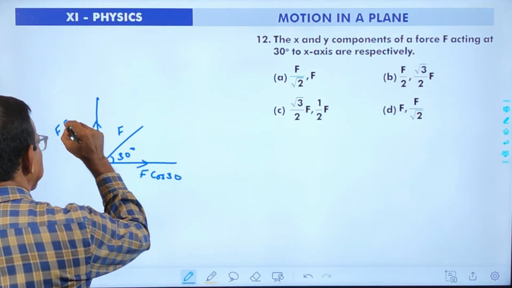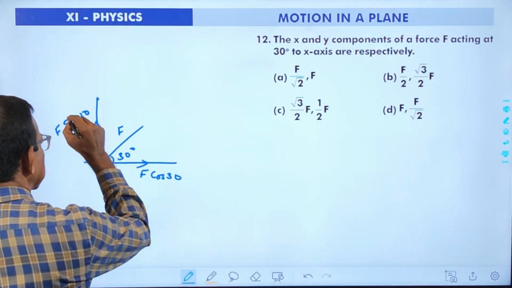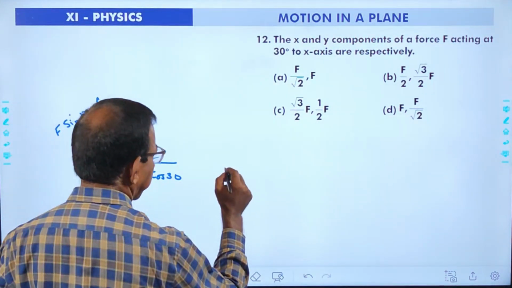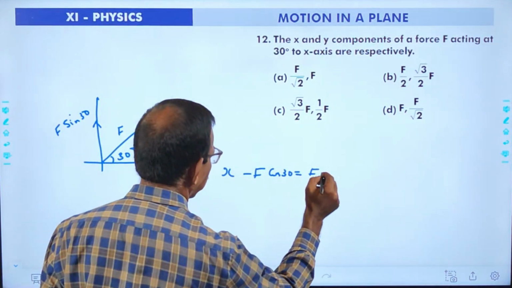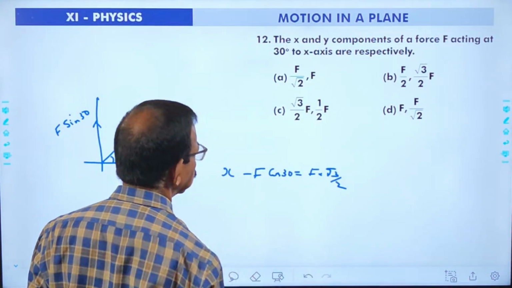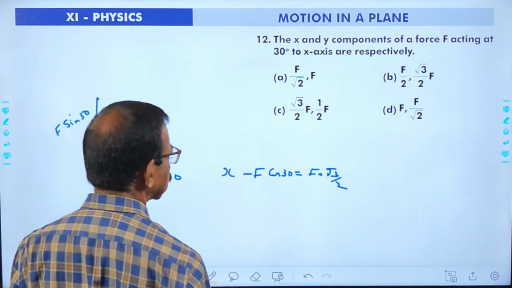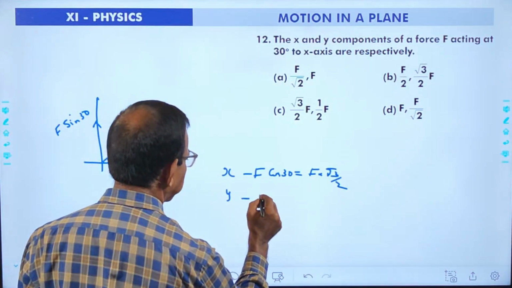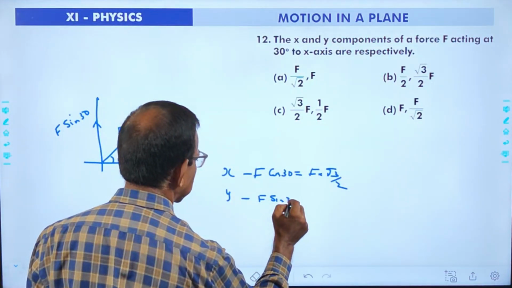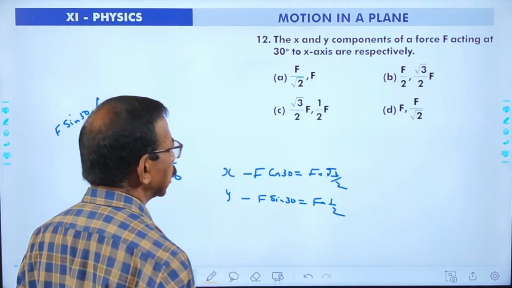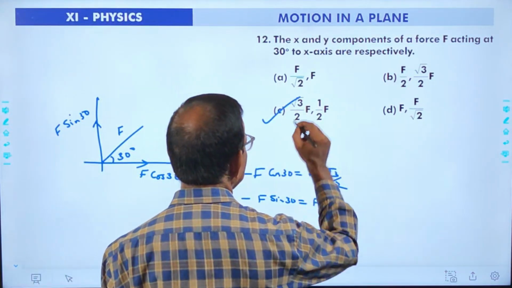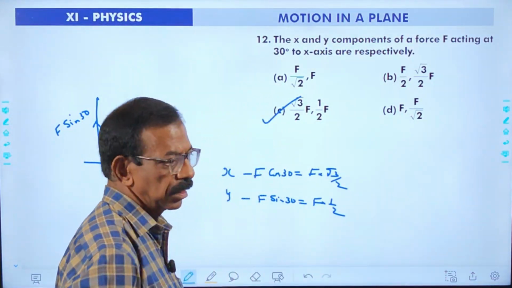The vertical component is F sin 30. Now x component will be F cos 30, means F into root 3 by 2. The x component is root 3 by 2 F and the y component is F sin 30, that is F into 1 by 2. The y component, vertical component is F by 2. Correct answer is option C.